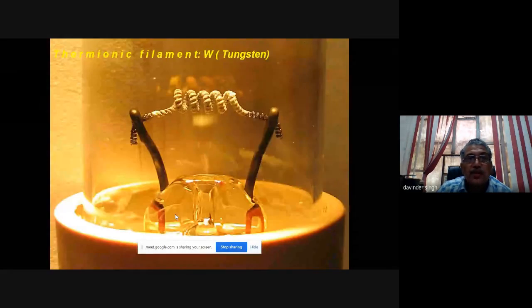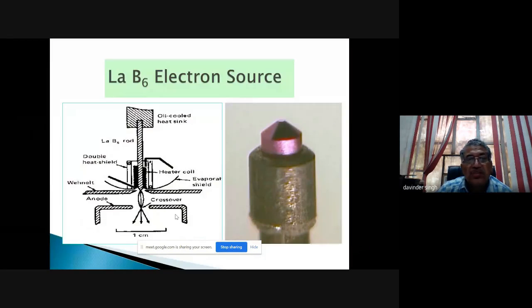Just an old picture. This shows the idea of the filament we have. Generally, tungsten source or LaB6 electrons people are using as a simple rod, and how you are getting the electron beam and how you are controlling it with the cylinders.